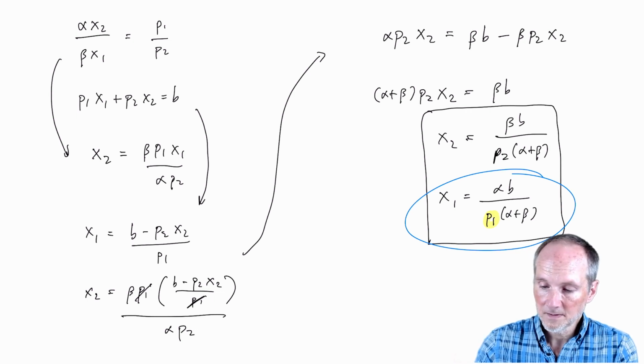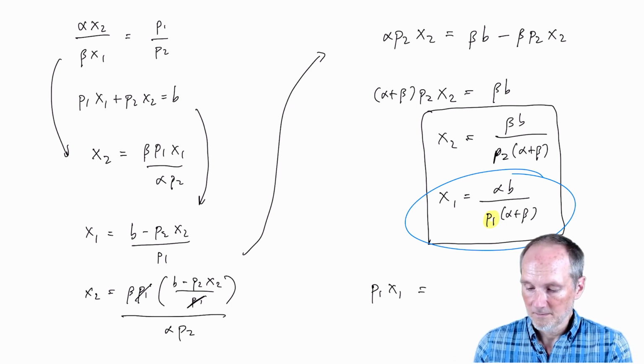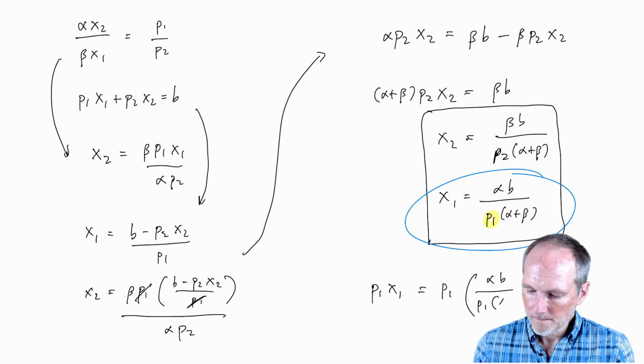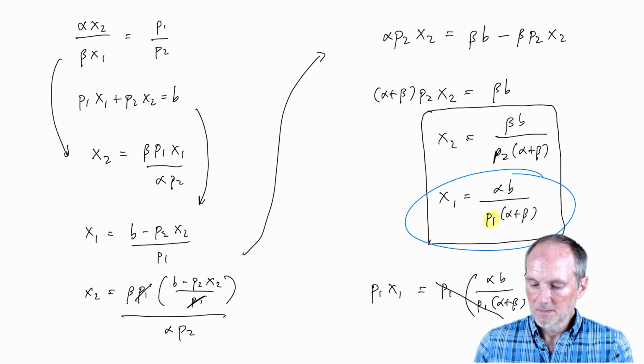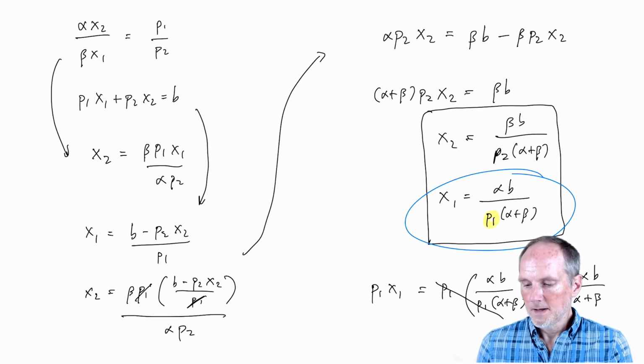In fact, if you just write it out, the amount spent on good 1 is P1 times X1. Well, we have solved for X1, and the P's cancel. So the amount spent on good 1 is just alpha over alpha plus beta times the budget.